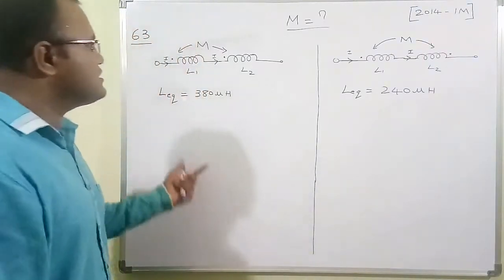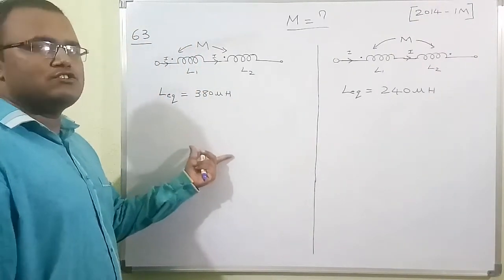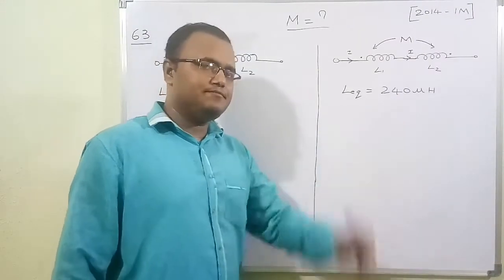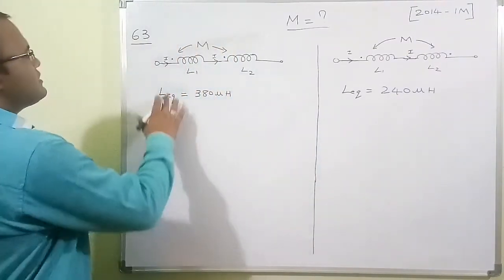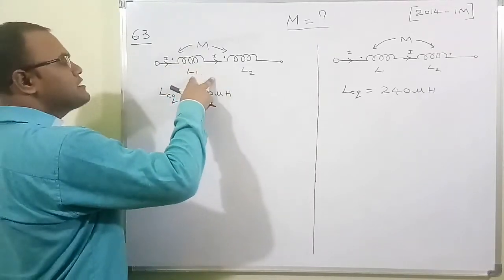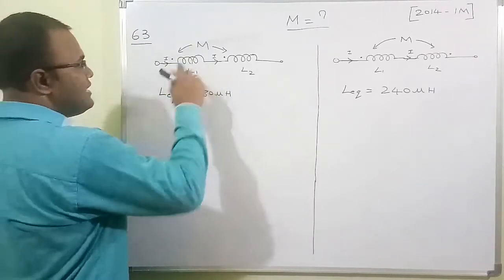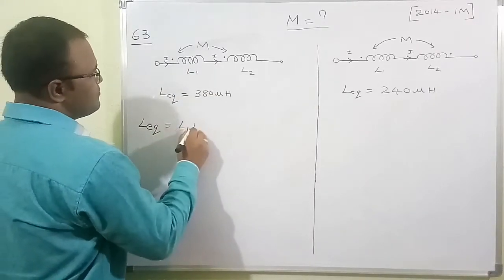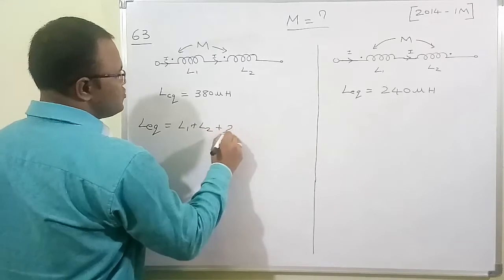Whenever two coils are connected in series aiding, the equivalent inductance is equal to L1 plus L2 plus 2M.